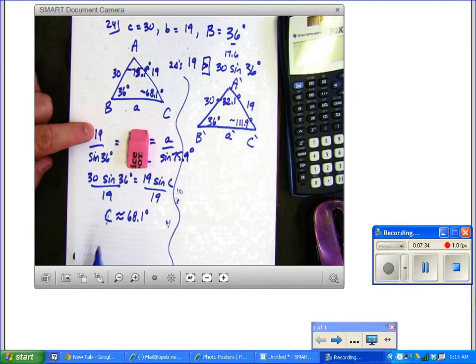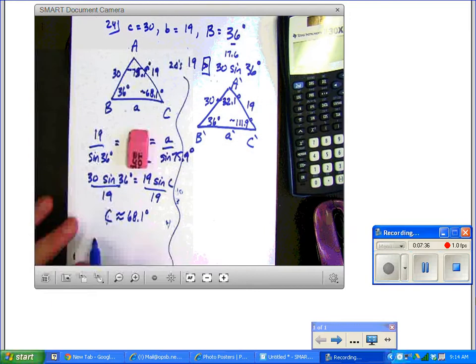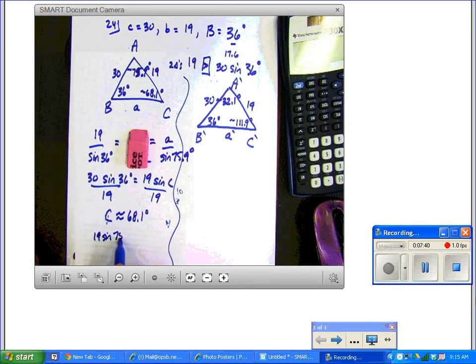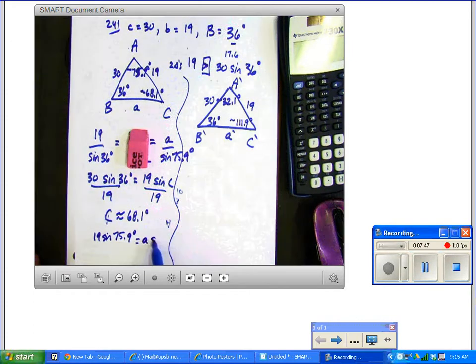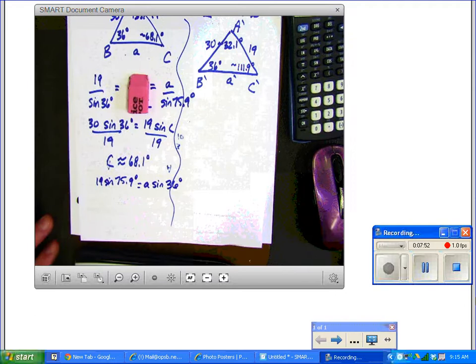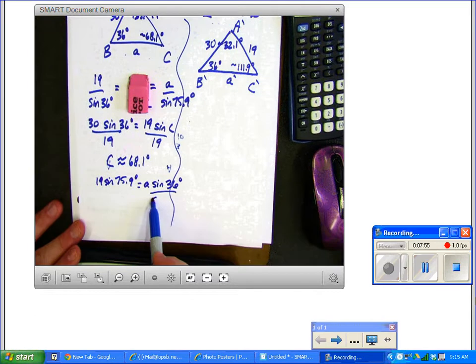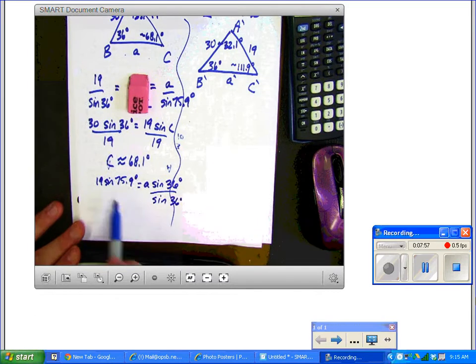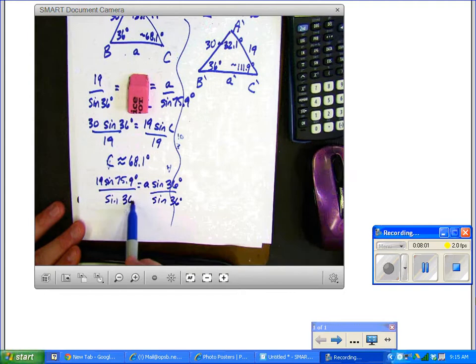So we'll get 19 times sine of 75.9 degrees equals A times sine of 36. Now let's solve for A. I'm going to divide both sides by sine 36, and that'll go away.